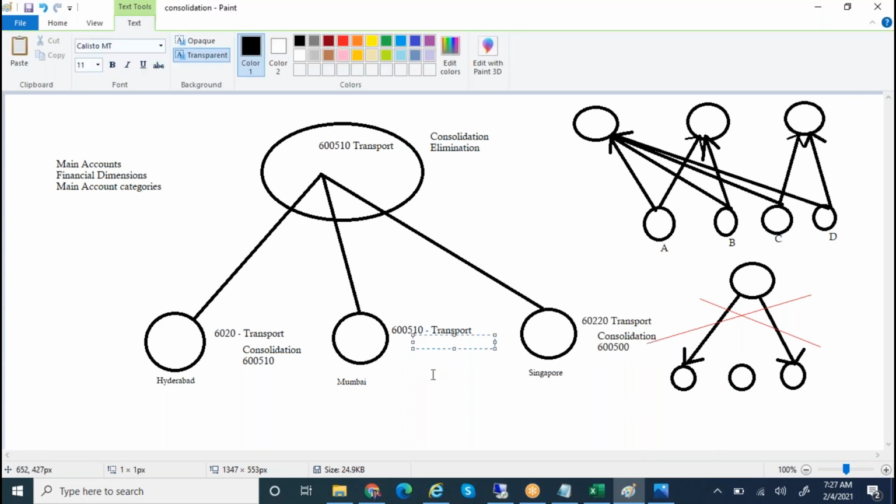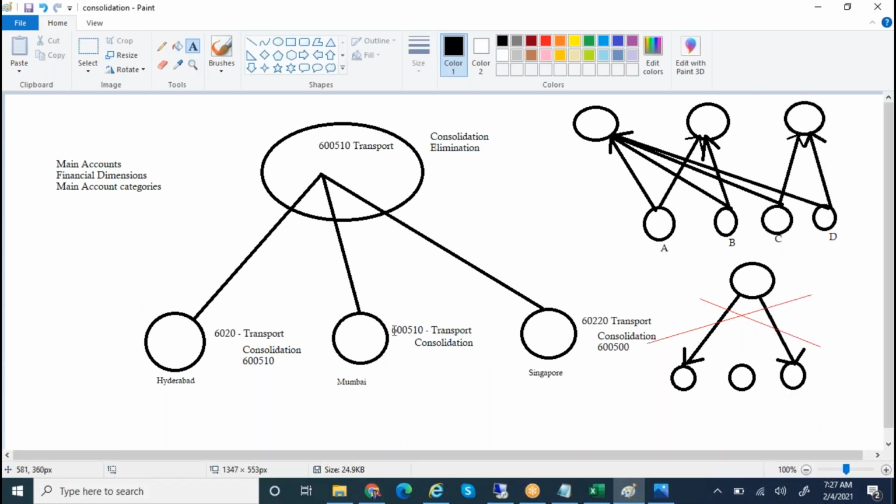For this also consolidation is available. Here it is not required to map anything. No need to map any number account here.